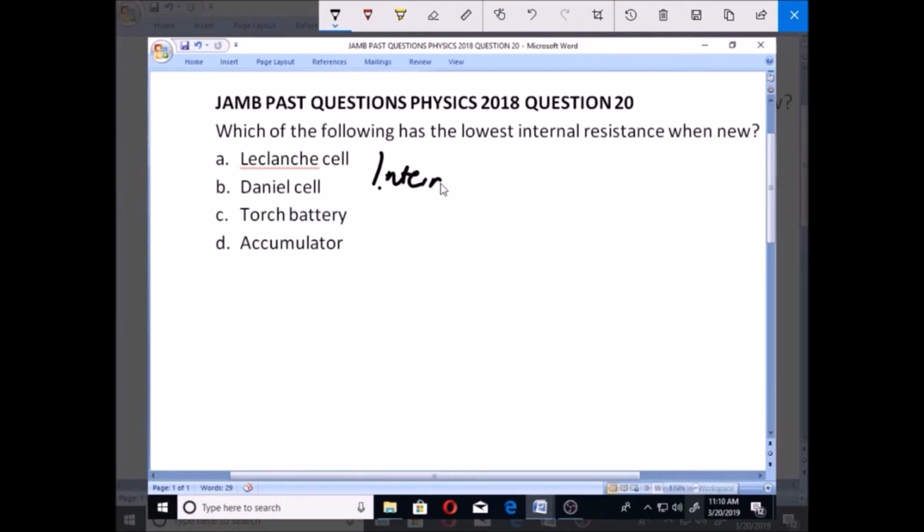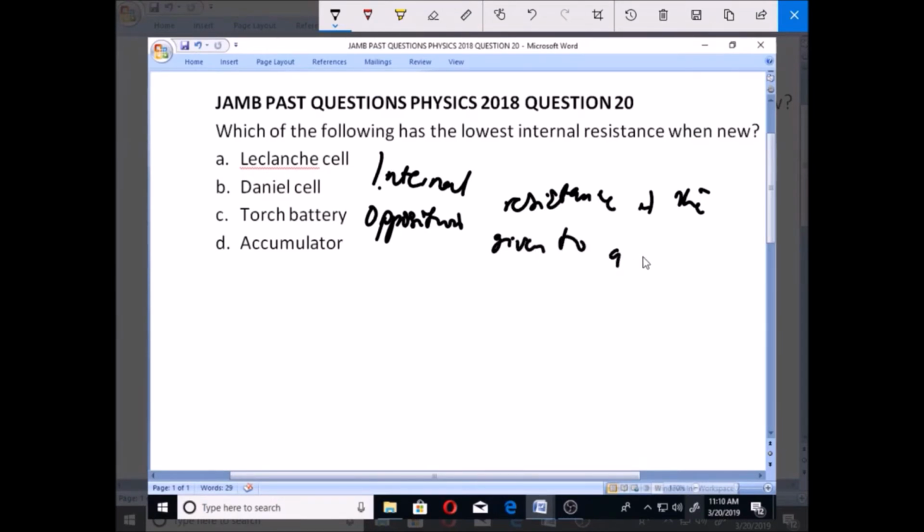We know that internal resistance is the opposition given to a voltage source. That opposition that is given to a voltage source is the internal resistance.